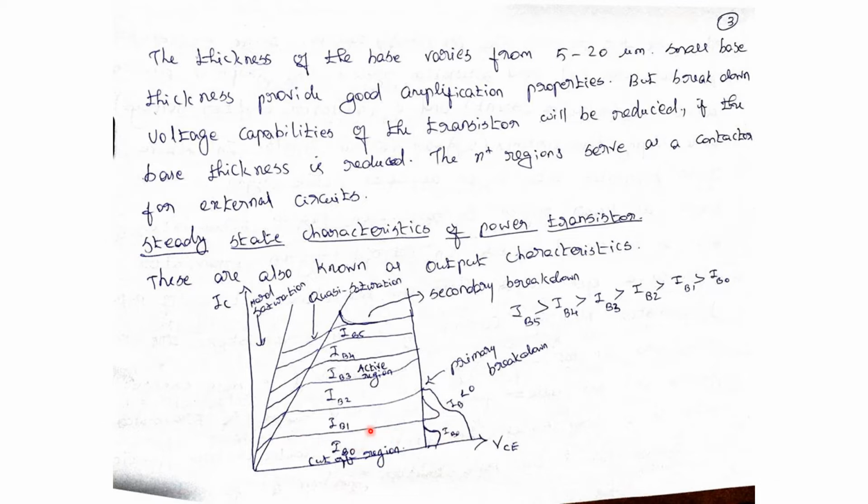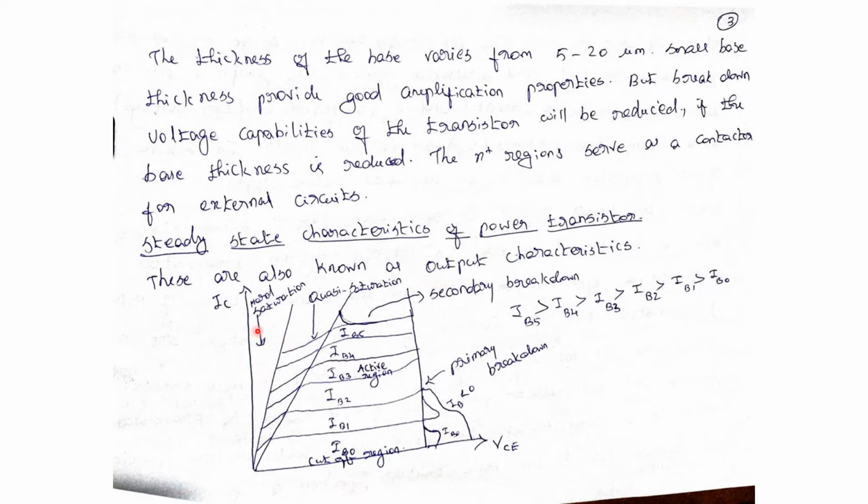Then slowly the base current is increased, IB1, IB2. For your understanding, I have written IB5 is greater than IB4, is greater than IB3, is greater than IB2. Like that it will go. Here, the center region is known as the active region. This region is known as the quasi-saturation region.